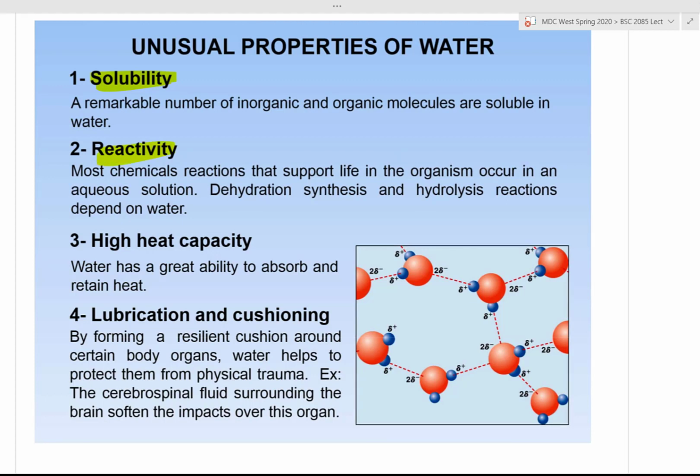Because reactivity is by hydrolysis, and there are reactions that take place within the water due to the charge differences. So ions will be attracted or not in the water when it comes to each combination with the water molecule. Because things can be water soluble or not water soluble.